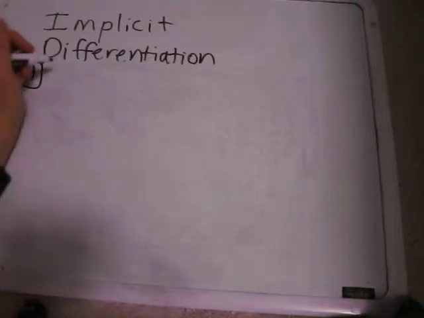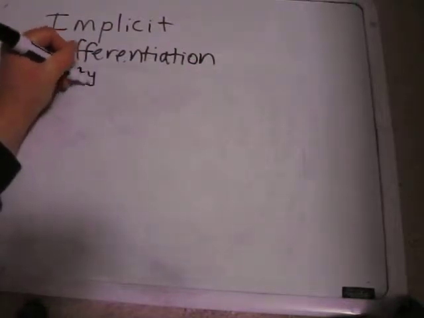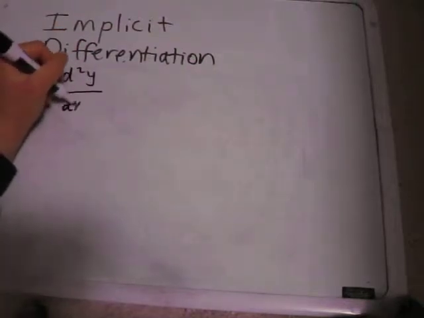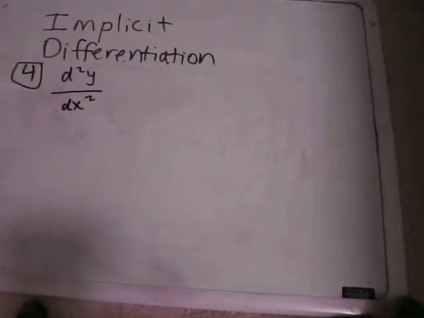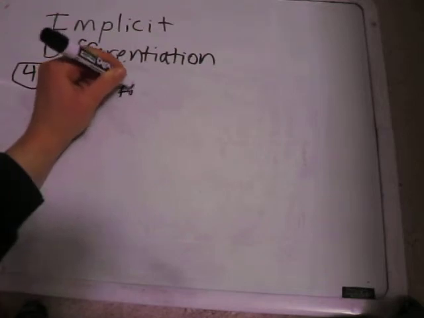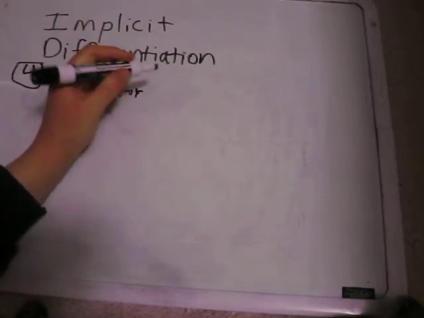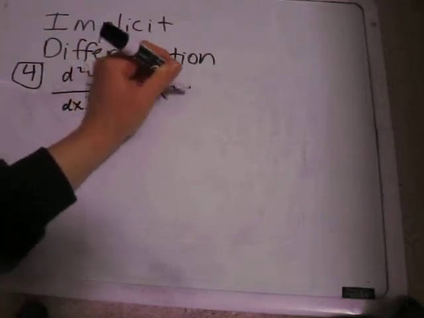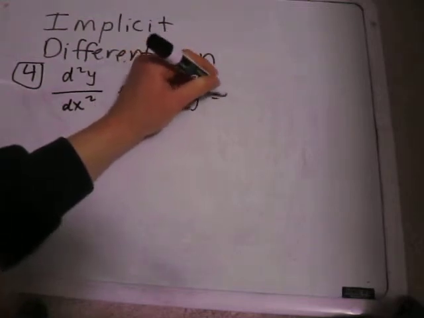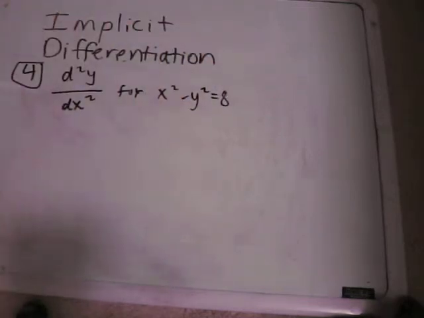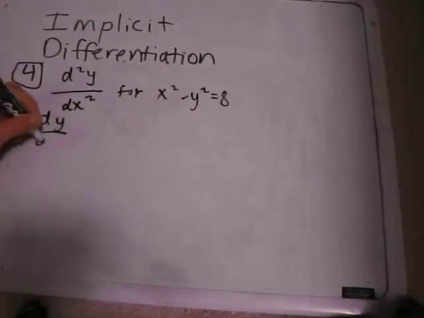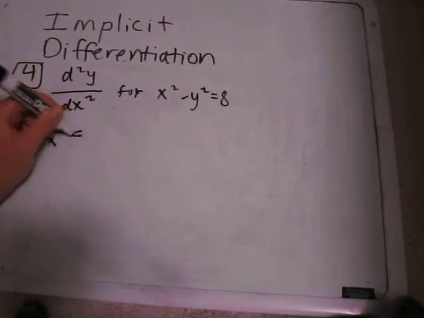The way you write that is d squared y over dx squared, which you may have learned when you learned regular differentiation. So we're going to find that for x squared minus y squared equals 8.